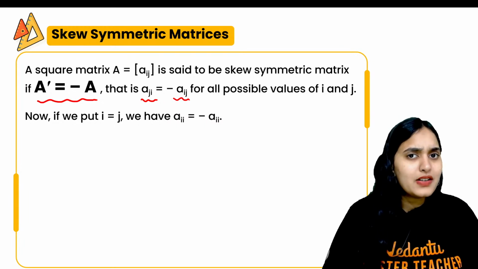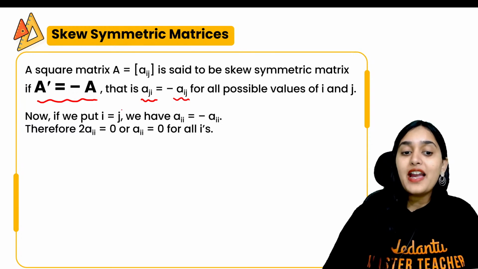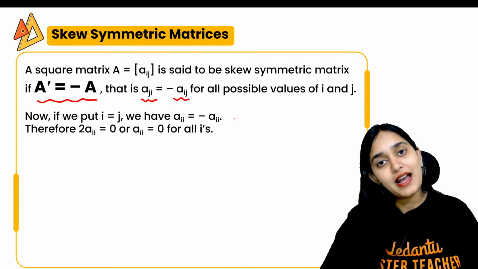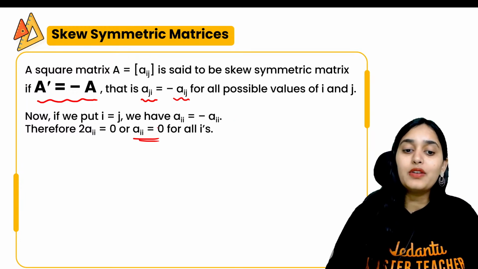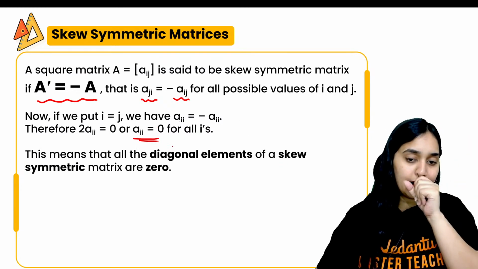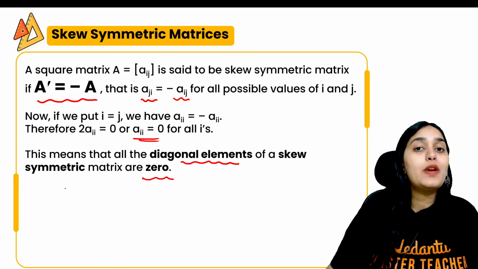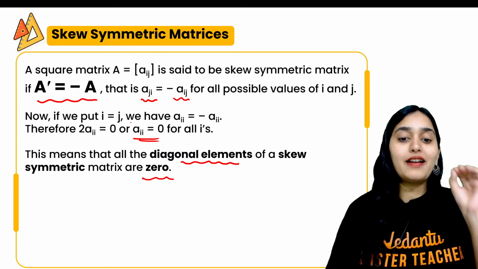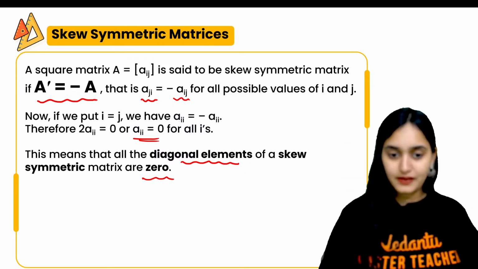Now, it is very interesting to note that if I put i equal to j, that means aii is equal to minus aii. That means 2 times aii is 0, so aii is 0. That means for a skew symmetric matrix, the main diagonal elements will always be 0.